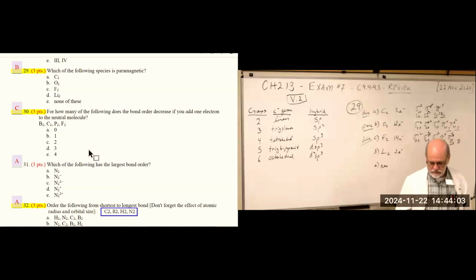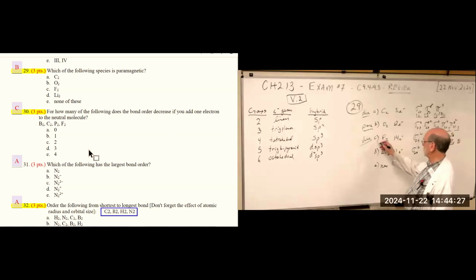Lithium. Oh, which of the following is paramagnetic? Well, we found it, oxygen. Lithium only has 2 electrons, right? And lithium, we're working in the 2s, 2. That's it.